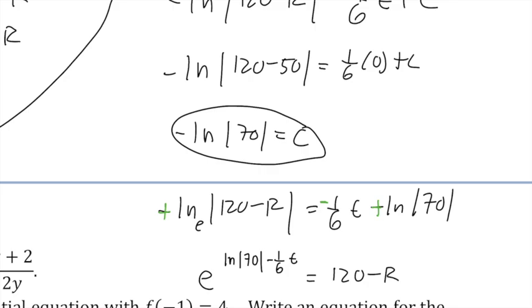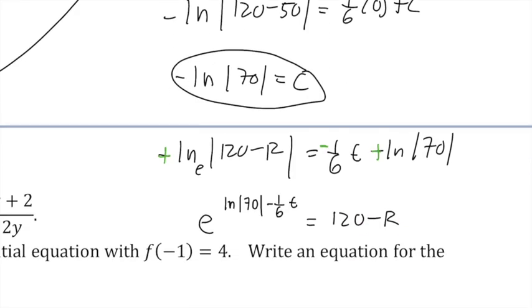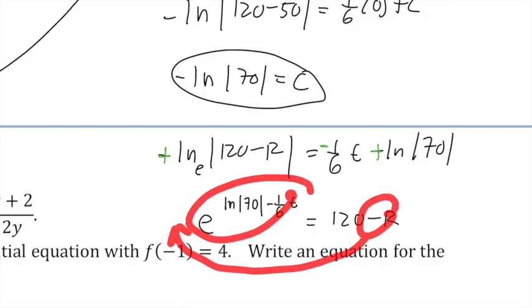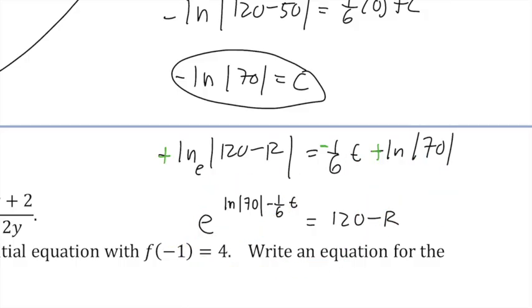And then if I subtract 120 and then divide by -1, I should get my final answer. Or a better way of thinking about it, add r to this side and then subtract that to this side. So we're going to get r equals 120 minus e to the log of 70 minus 1/6 t.